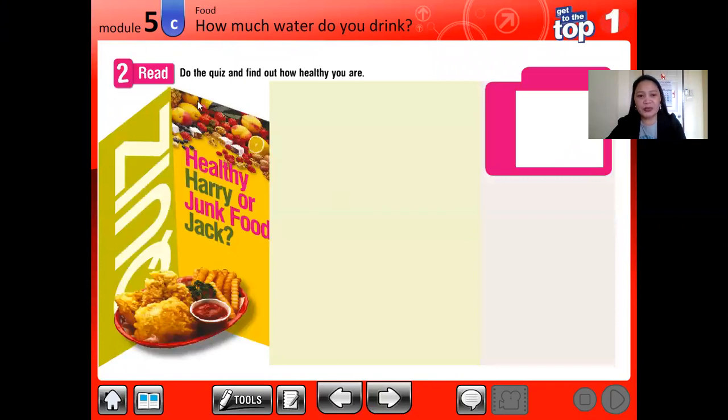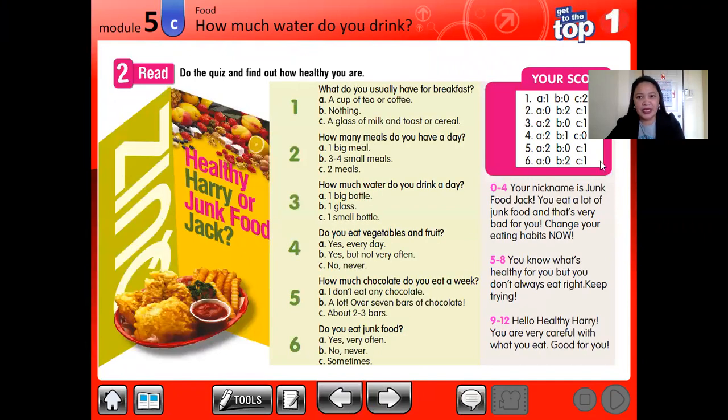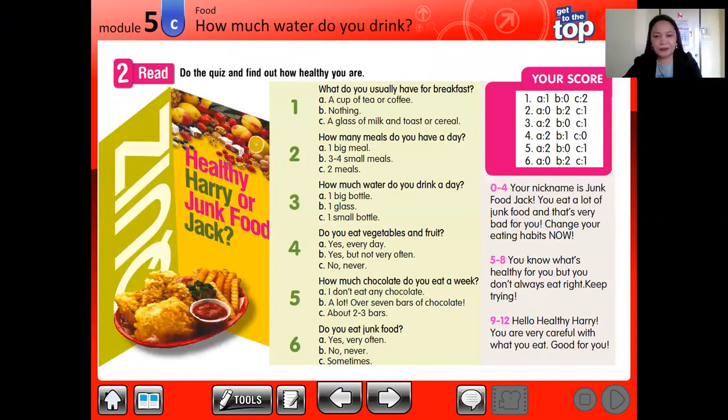So we are going to read, do the quiz and find out how healthy you are. So we have here healthy or junk food. So we have the picture here. Let's read. What do you usually have for breakfast?